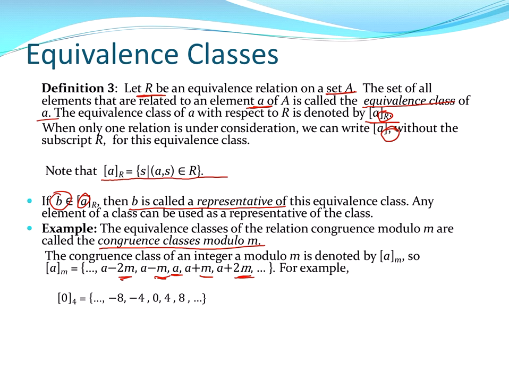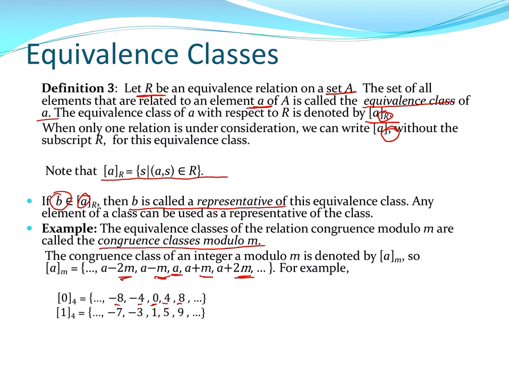Here is the equivalence class modulo 4 for 0. And notice that every element, if you take the difference of any two of them, it'll be divisible by 4.